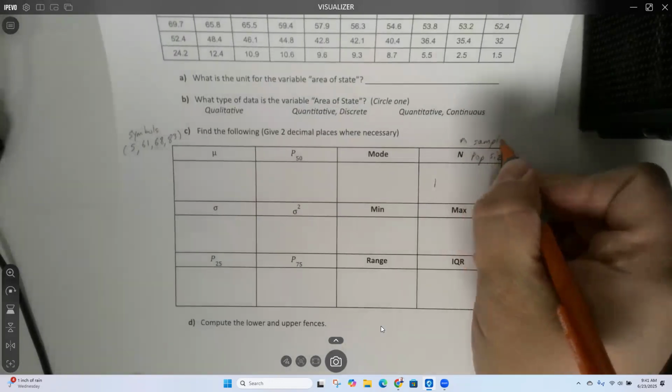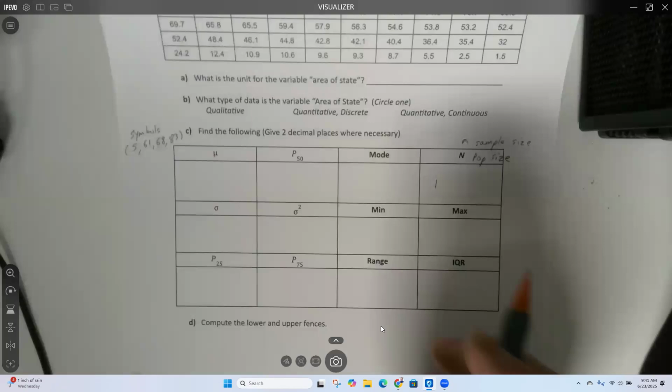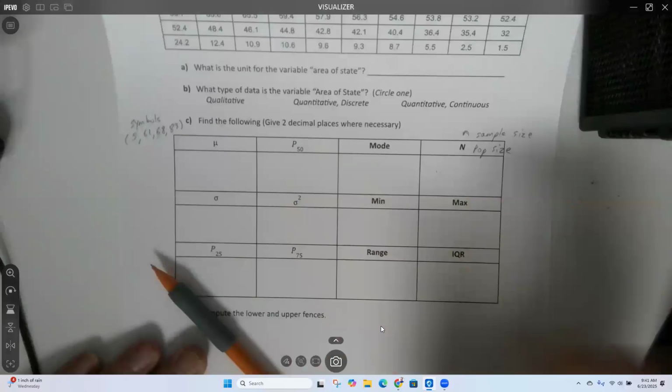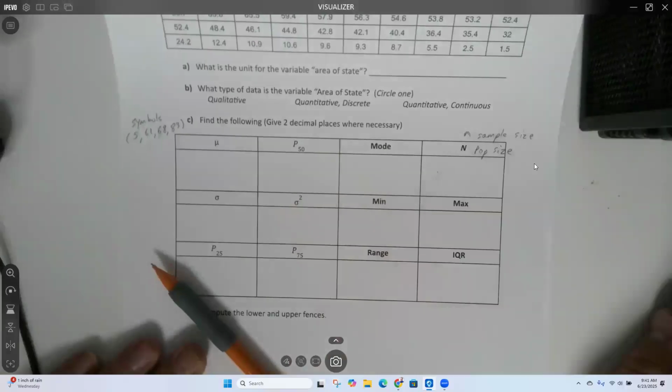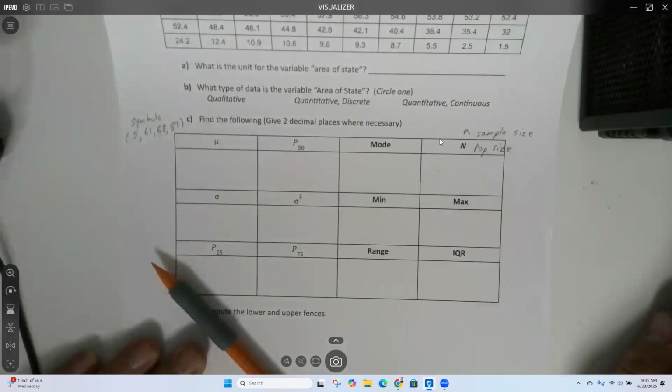Sure. And the reason for that is StatCrunch doesn't know whether you're giving it a population or a sample. And it doesn't care either. When you run StatCrunch, it's going to give you n, and all n is, is it's counting how many things you put in. So basically, all you're really doing is counting how many numbers there are.